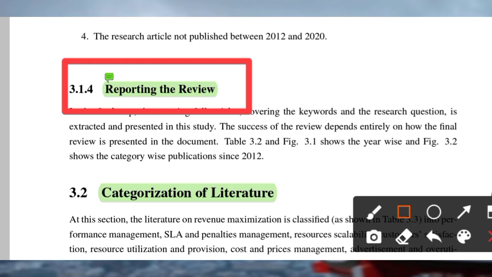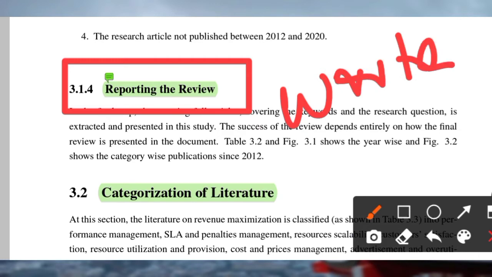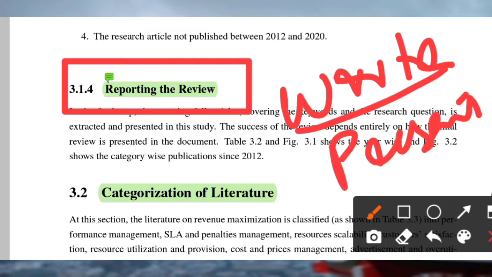Reporting the review means that you are going to write the literature chapter, or any survey paper, or you are going to include this literature in any other research paper, or present it in an entire literature review. So how to write and how to represent the literature review is most important and also most critical.